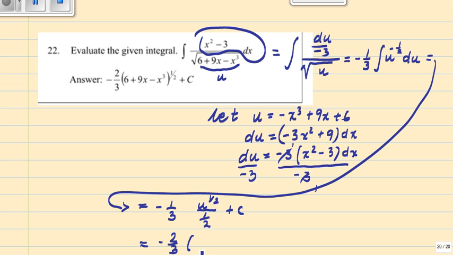U was equal to minus x cubed plus 9x plus 6 to the power of 1/2 and then plus c.